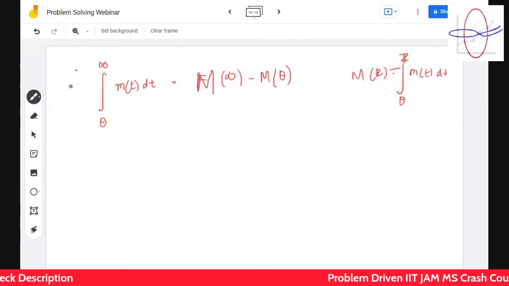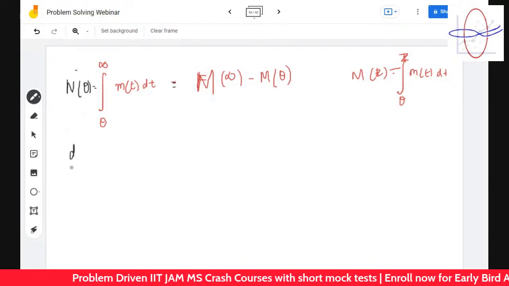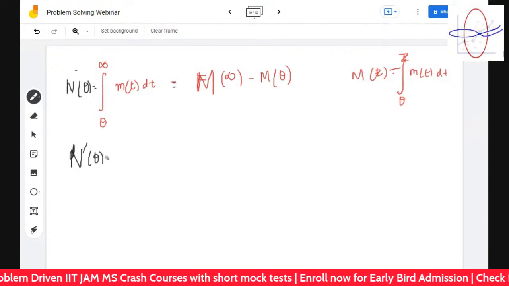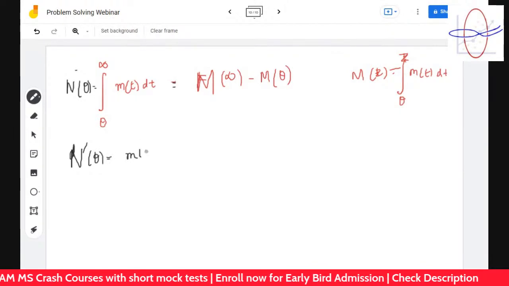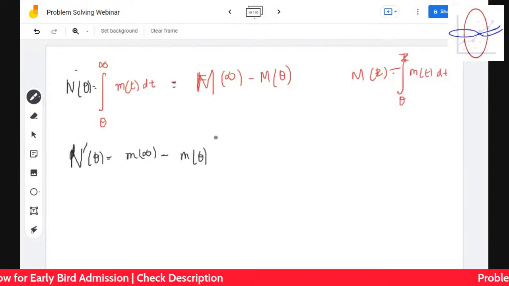And there's a result that if you call this N(theta), then N dash theta is nothing but M(infinity) minus M(theta). That is a result of Leibniz.